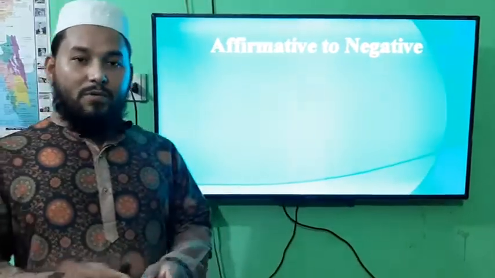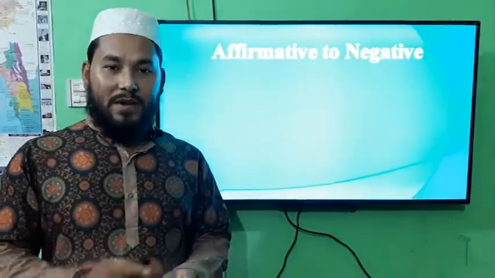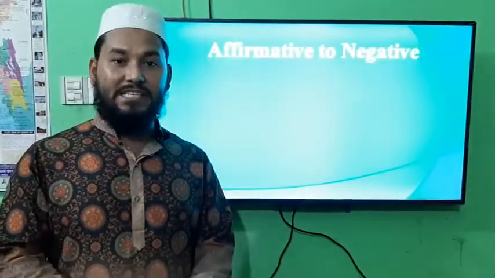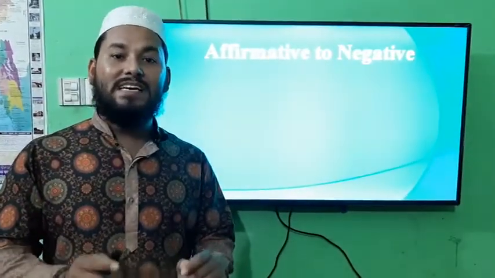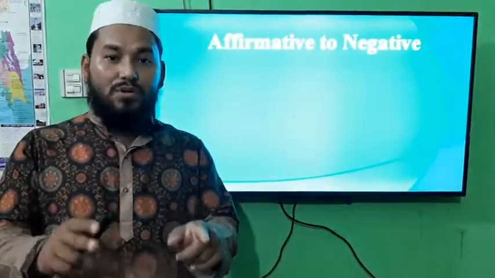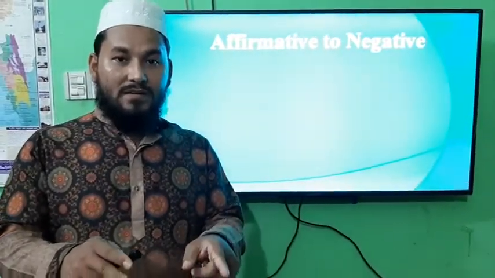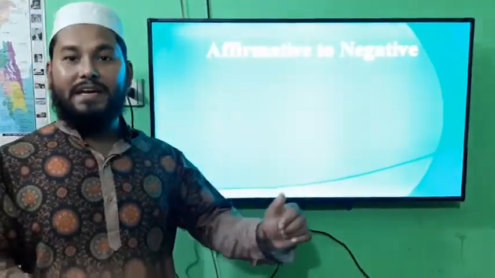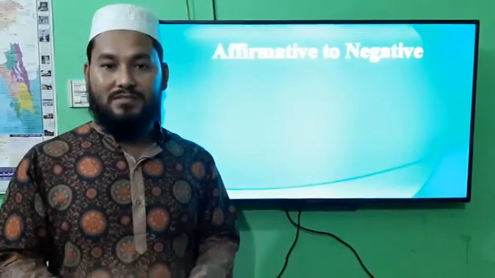Okay, if you want to change affirmative to negative, that time you must have a clear idea about the structure of affirmative and negative. And you have to compare what is the difference between affirmative and negative structure.